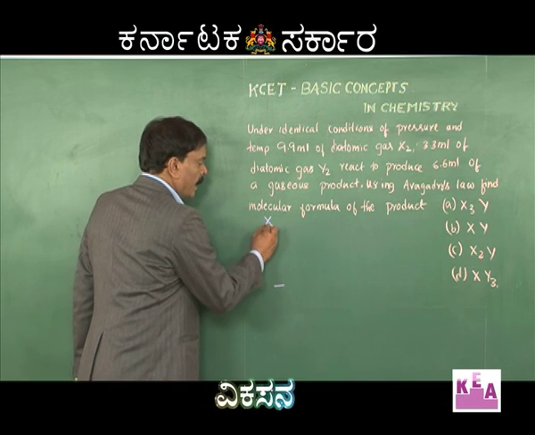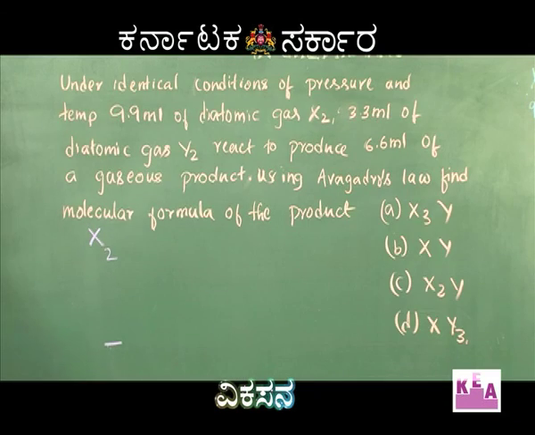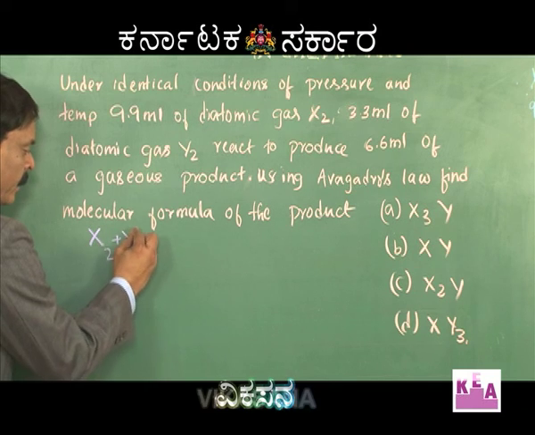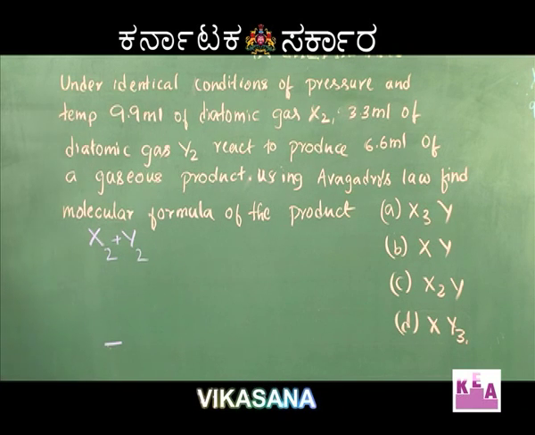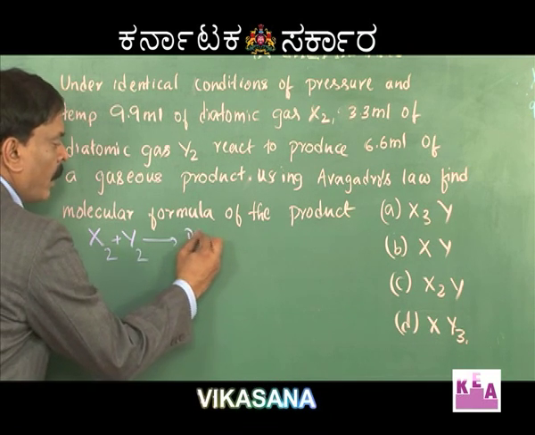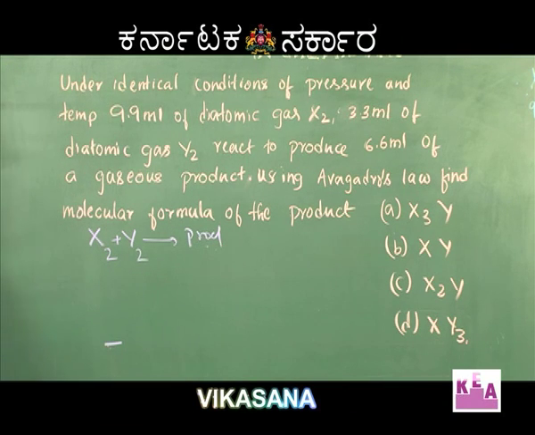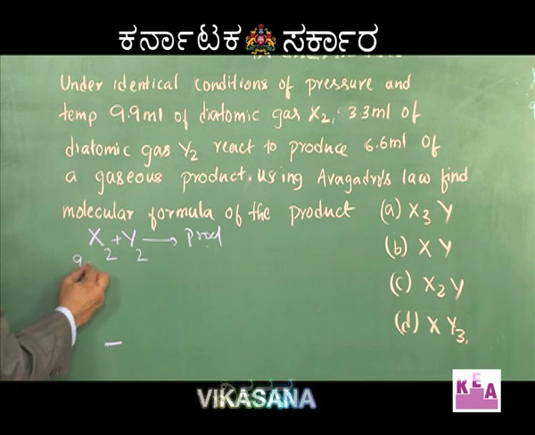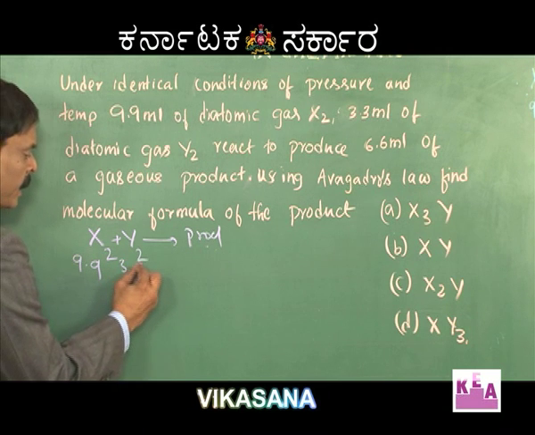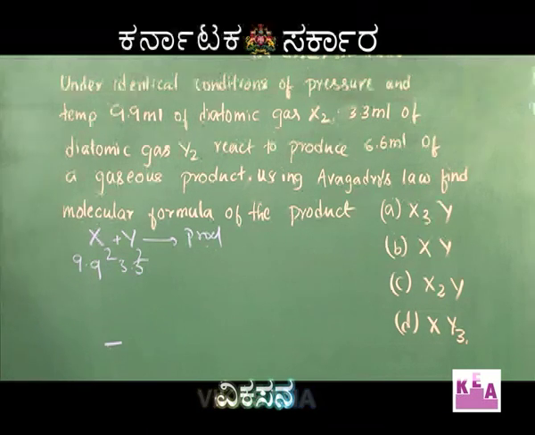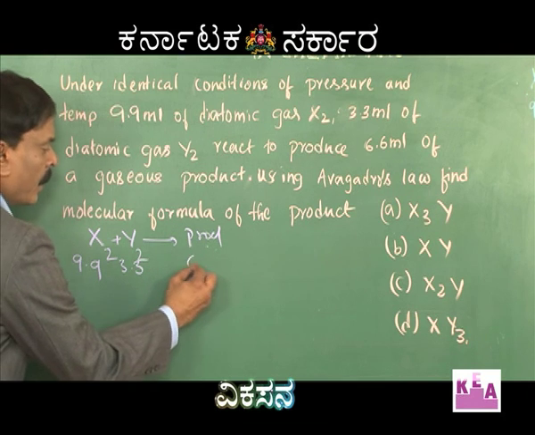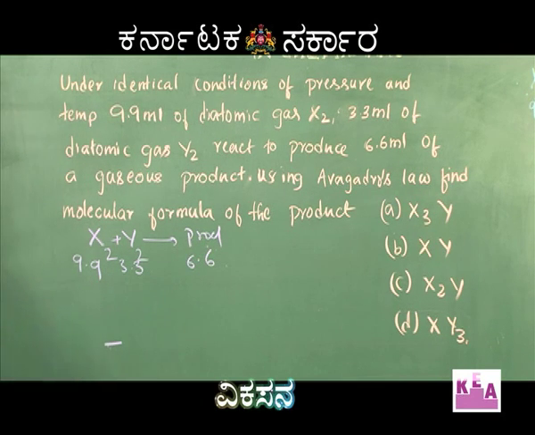One is X2 diatomic, another is Y2 which is diatomic, will give you the product. Now, what information is provided to us in the question? 9.9 ml of X2 reacts with 3.3 ml of Y2 to give 6.6 ml of the product.